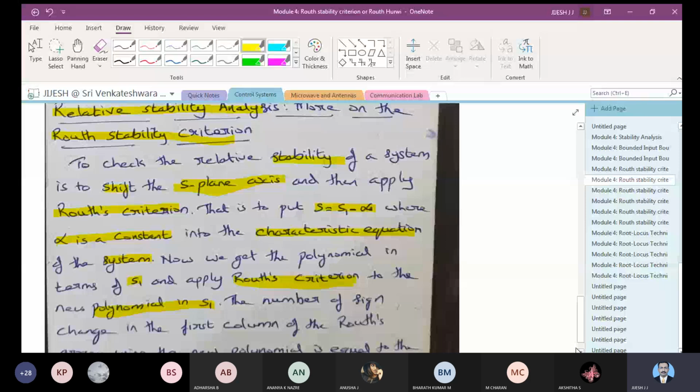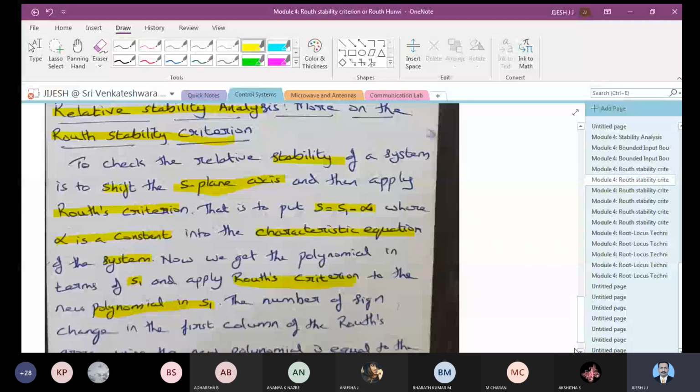The number of sign changes in the first column is equal to the number of roots situated to the right of the vertical line. We are going to see all this with some examples.